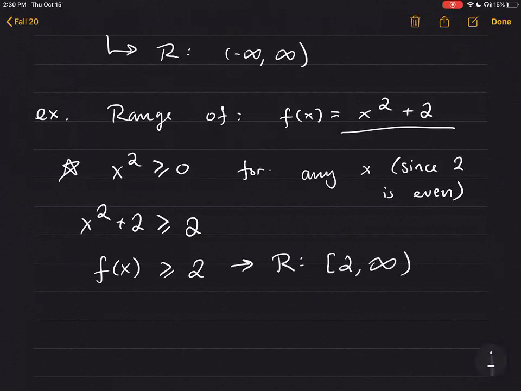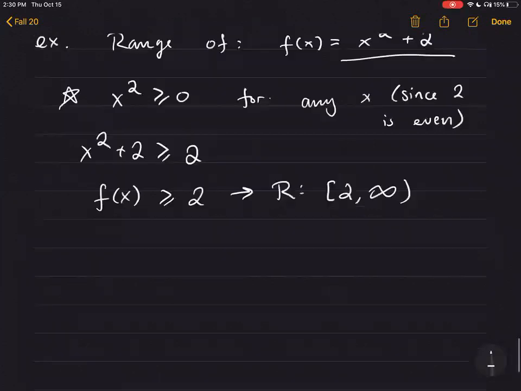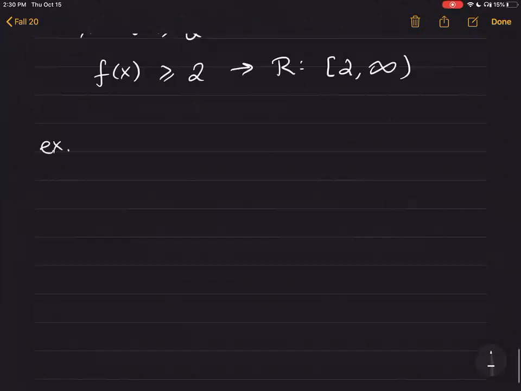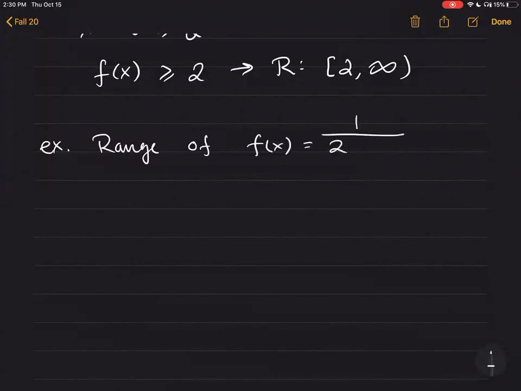Cool. All right. Let's do another example. Let's do the range of f of x, and let's do something rational maybe. Let's do 1 over 2x minus 2. So we know from our little table up there that we can't have something rational equal to 0. So in this case, our a is going to be 2x minus 2.